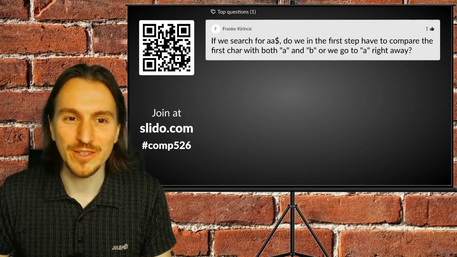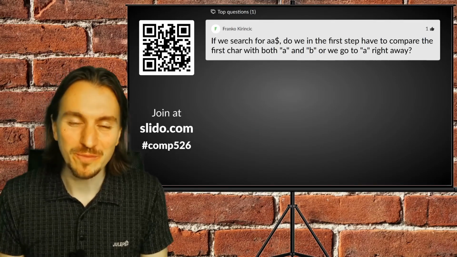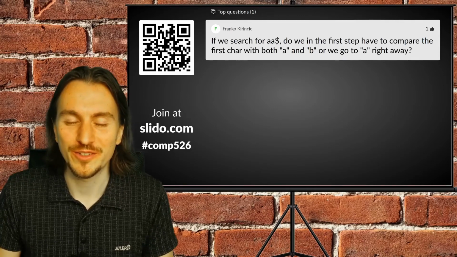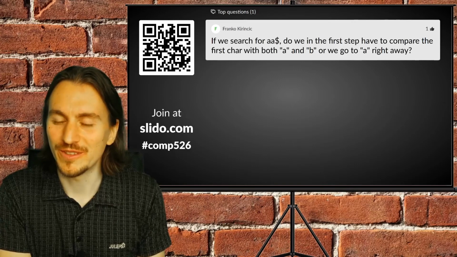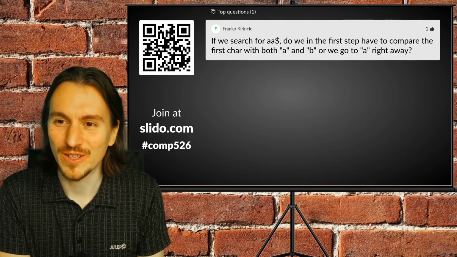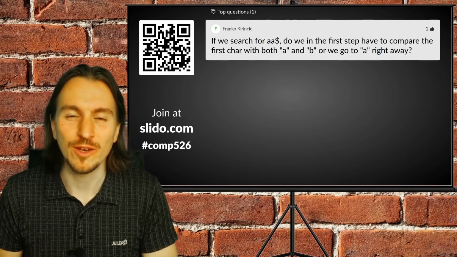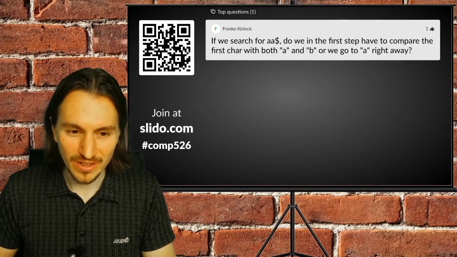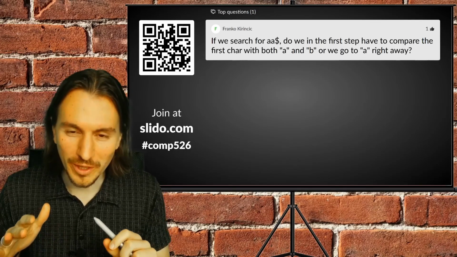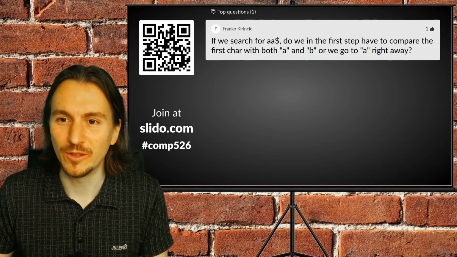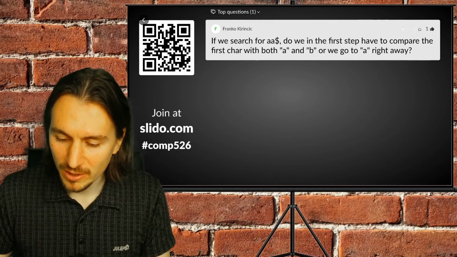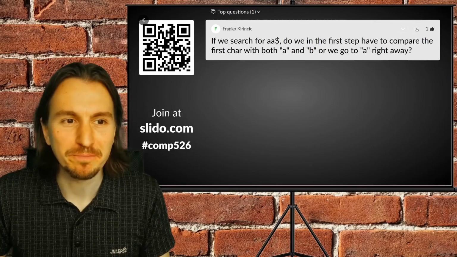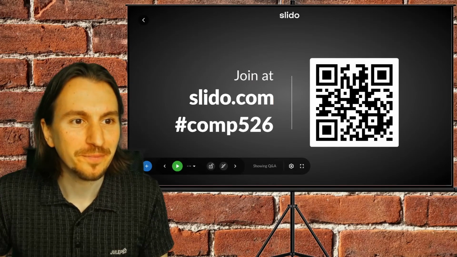You could do a binary search tree inside each little node, but you would have an additional running time factor, log of the number of children, so log sigma in the worst case. So people usually think of tries as having a way to go to the children in constant time, looking only at one character, not comparing the characters one by one. But that's an important point, yeah. Thanks for the question.